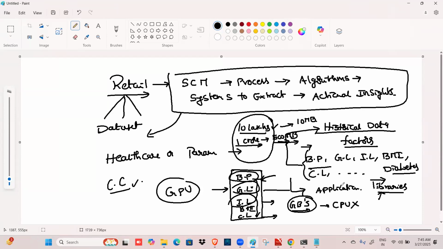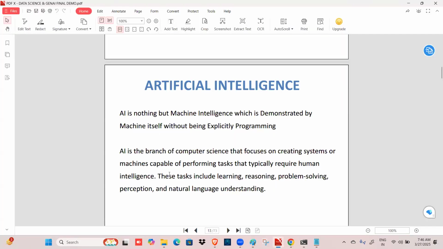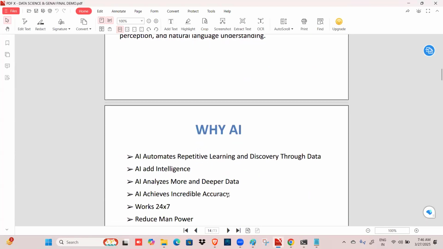Here the procedure is the same, but the applicable knowledge is different. I'm going to do the pre-processing in one way, and I'm going to choose the models depending upon that pre-processing. Someone may follow a different type of pre-processing, and he will choose different types of models. But ultimately, our goal is to choose the best models, which give the best results for our things, like human intelligence. These tasks include learning, reasoning, problem solving, perception, and natural language understanding.